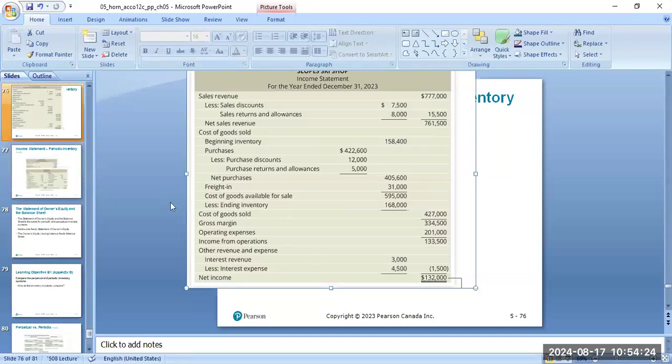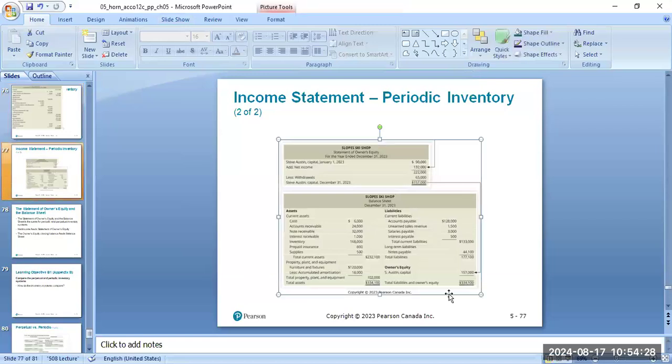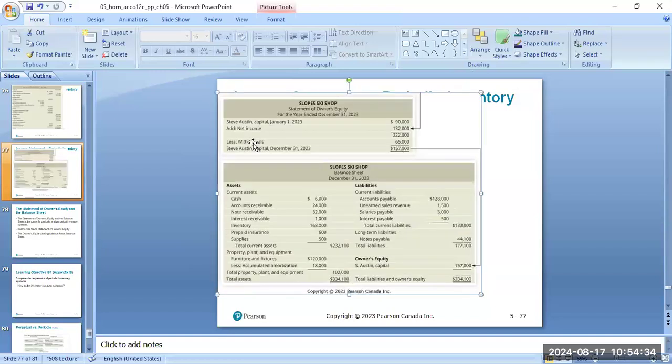That net income is going to go to the capital account or statement of owner's equity. Once we get the owner's capital, that capital is going to go into the equity section. Assets are assets, liabilities are liabilities. Once we get everything, we should be balanced.